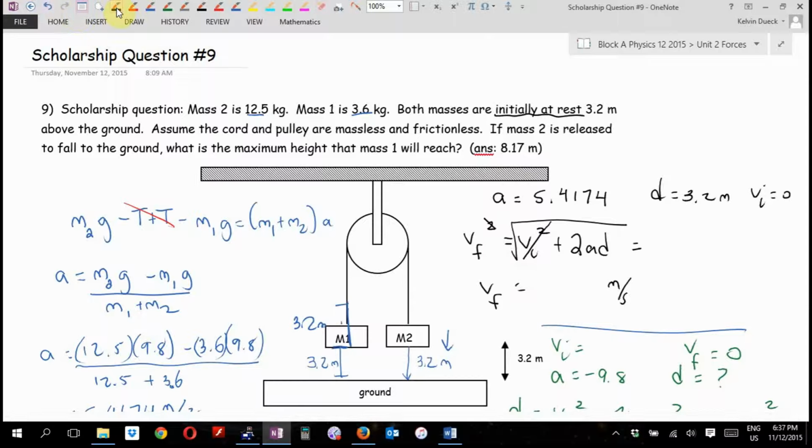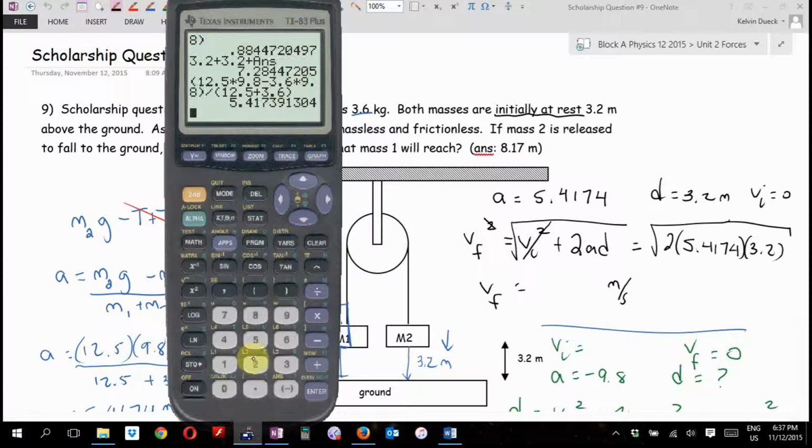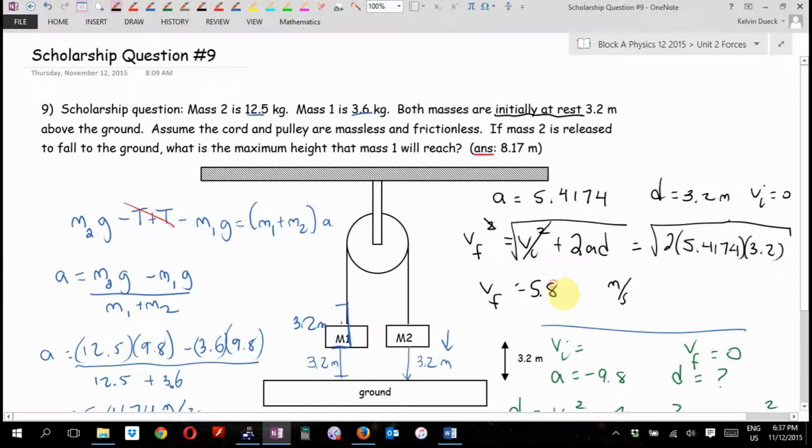It's going to be the square root of 2 times 5.4174 times 3.2. Sheesh, Mr. Dewick. Square root of this, looks better. Yeah, we're going up at 5.888 meters per second.